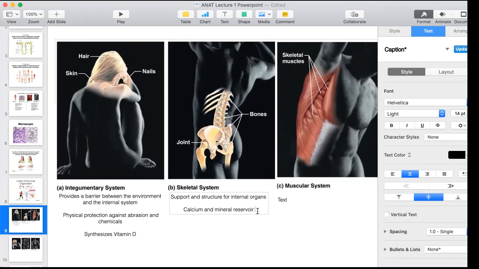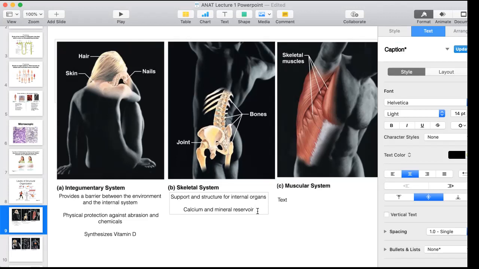That is why it's very important that you get proper calcium in your diet, because if you don't, then your body will begin to break down bone in order to release that calcium into your body. So it stores calcium, and in times where our body needs it, it will break it down from our bones and put it back into our bloodstream.